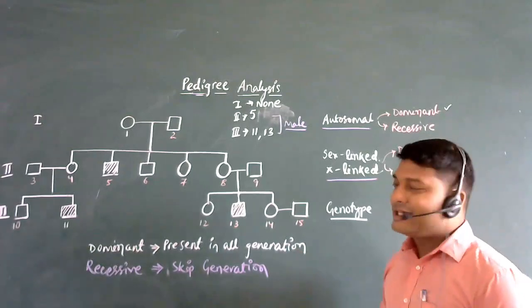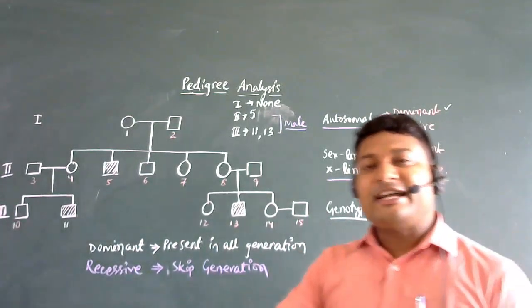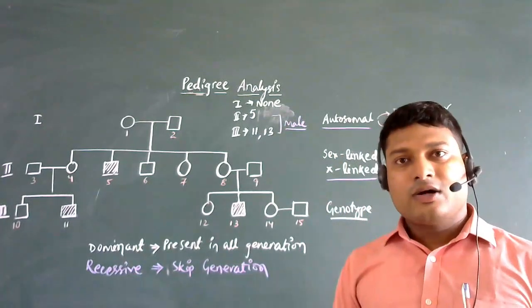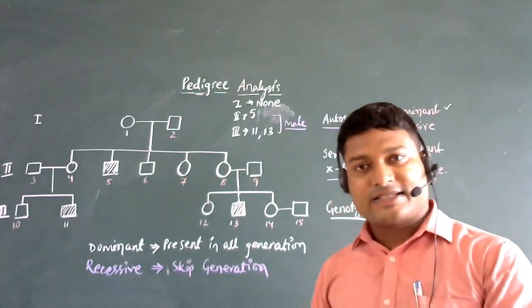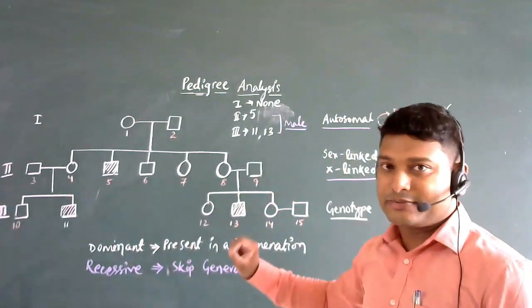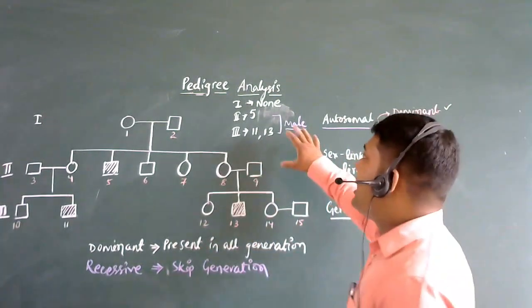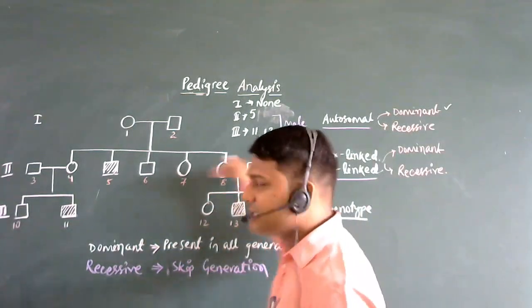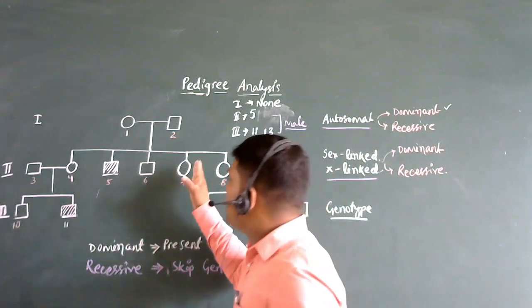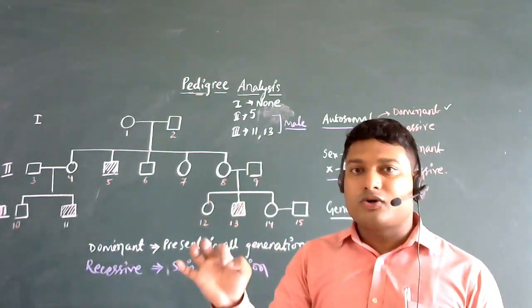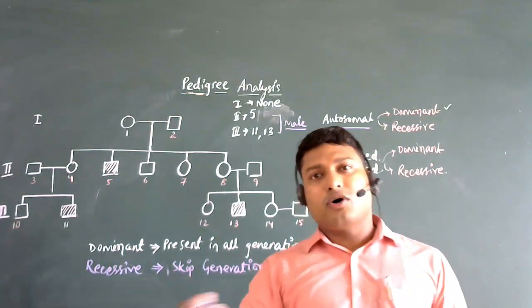So when you see that the males are affected more than the females, or only the males are affected, or, in some cases, only the females are affected, you will go for the sex-linked trait. And if the male and female are equally affected, let's say in the second generation we had a few females also affected, then it is going to be autosomal, because you all know that autosomes are the same.